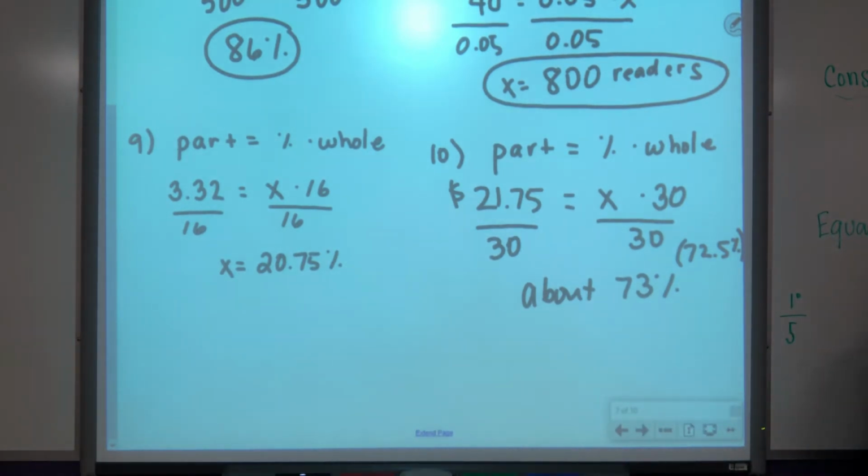So, what would the sign read? About 70% off. Would it read about 70% off? 75. Would it? No, 70. Because it's not greater than 5. I'd say 73% off.